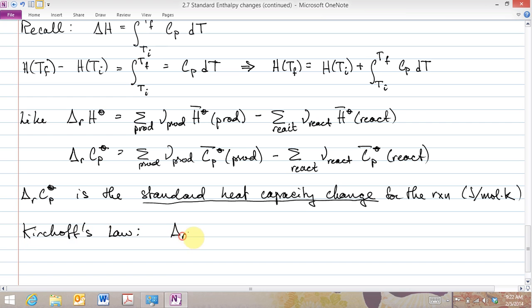Which gives us the standard enthalpy for a reaction at the final temperature based on what we know about the enthalpy of the reaction at the initial temperature, by adding the enthalpy of the reaction at the initial temperature to this integral.